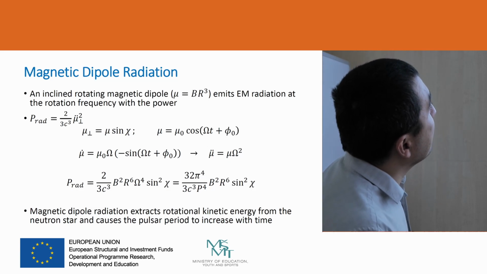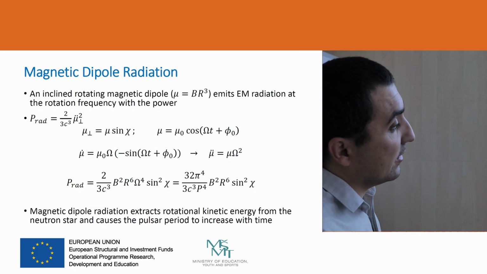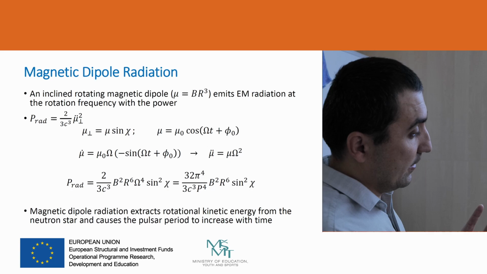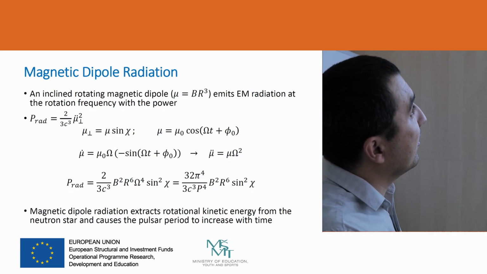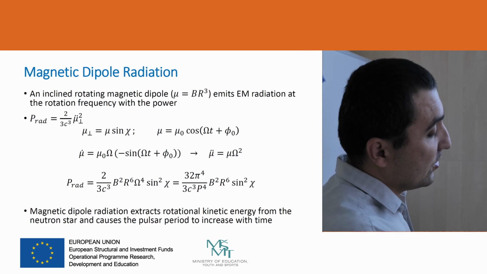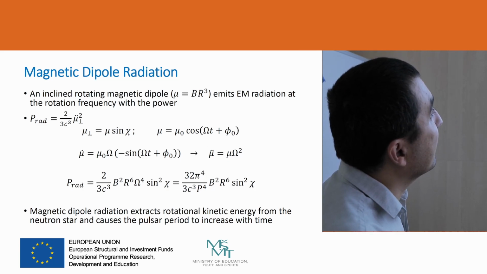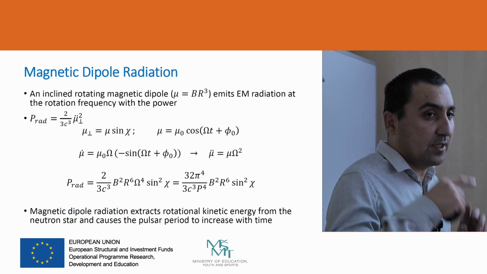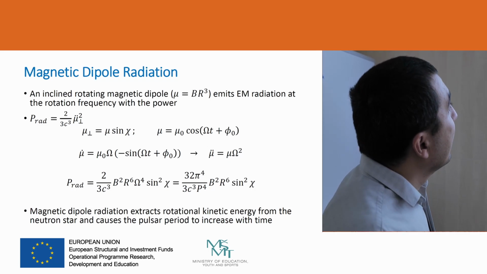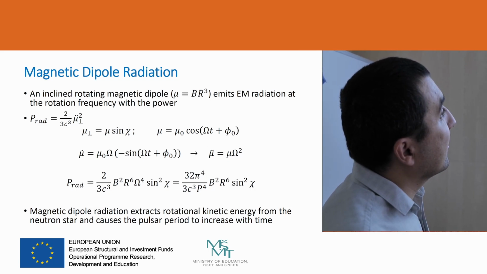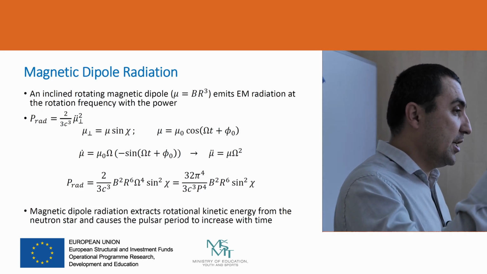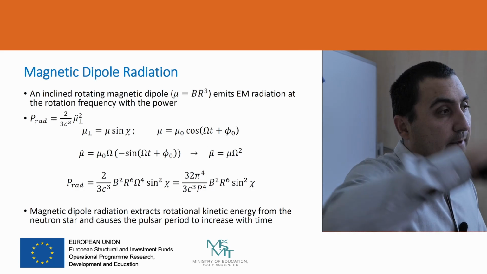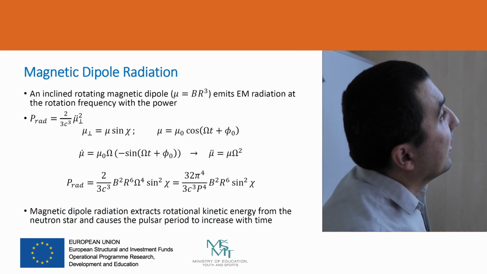Here we show the pulsar radiation mechanism, the mechanism of electromagnetic dipole radiation. The pulsar is modeled as a neutron star with a dipolar magnetic field configuration, and this dipole has an inclination angle between the spin rotation axis and the dipole axis.